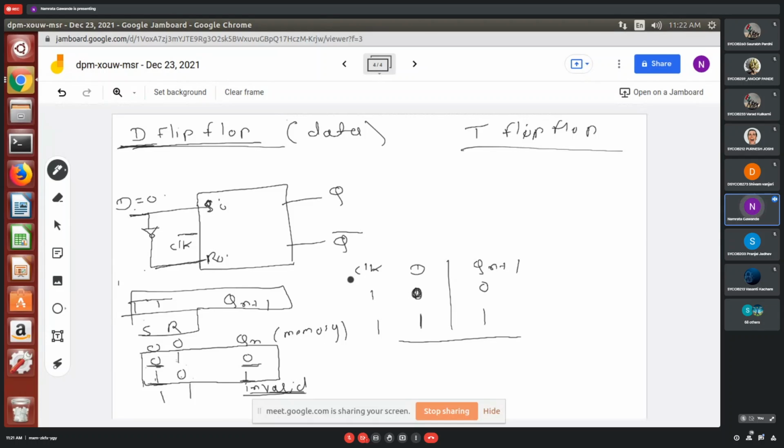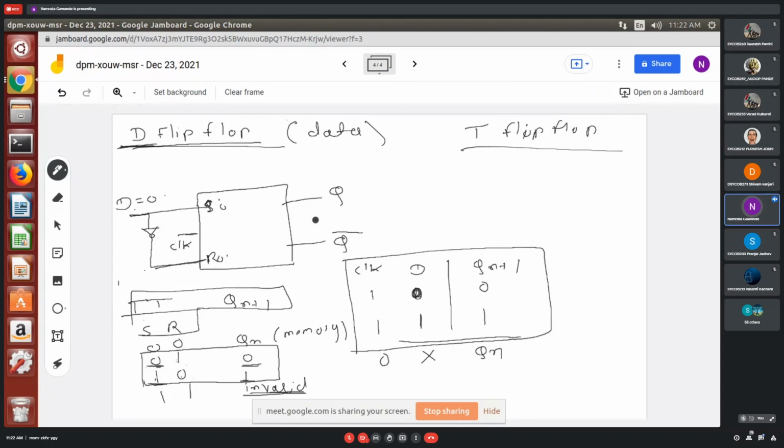So this is the D flip-flop. By using a single input, we get the output. That is the data. If the clock is 0, irrespective of this, I will get the memory state as it is, like an SR flip-flop, so it is written as Qn. So this is the D flip-flop truth table.